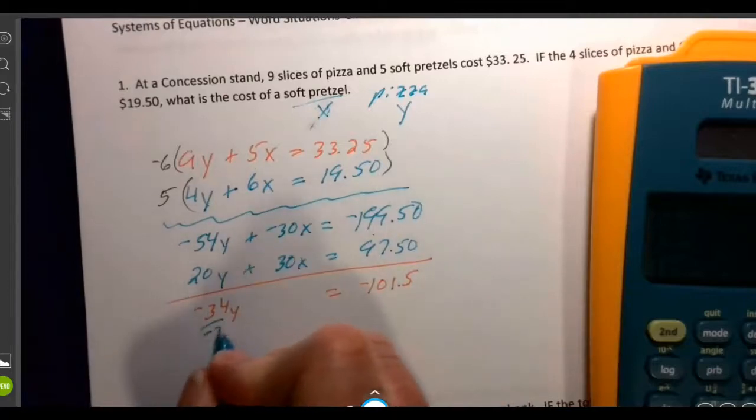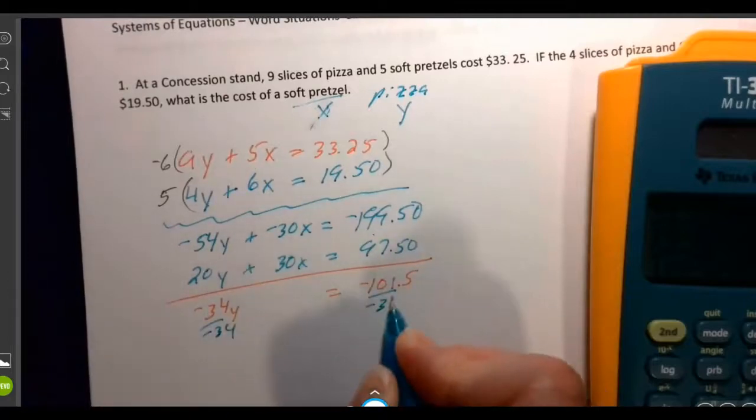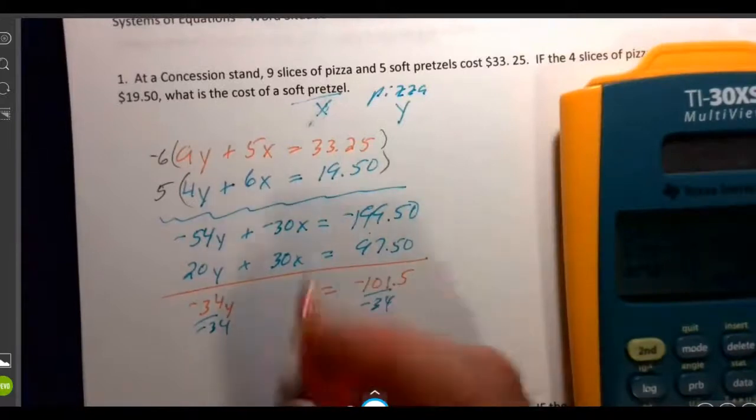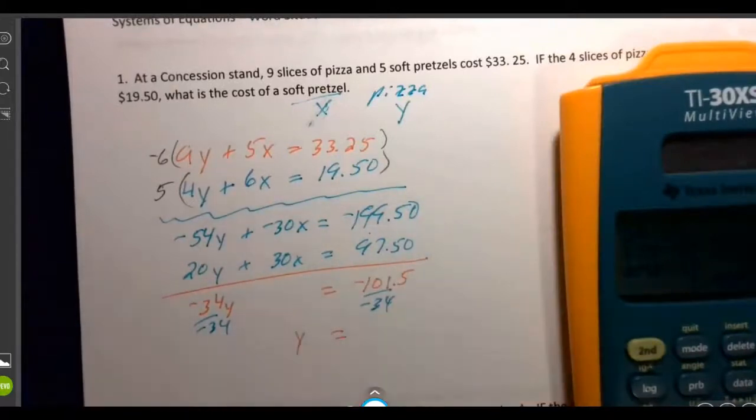Divide by negative 34. And I get a decimal. So I'm going to go back and check my work.